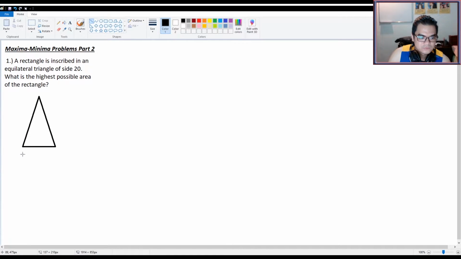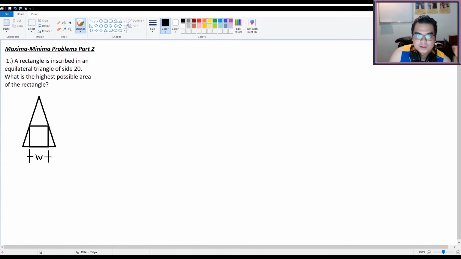We'll have a rectangle inside. Let's say this is the rectangle. From here to here, that will be the width of the rectangle.